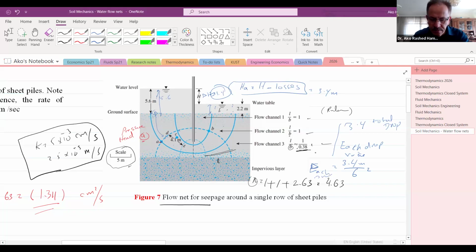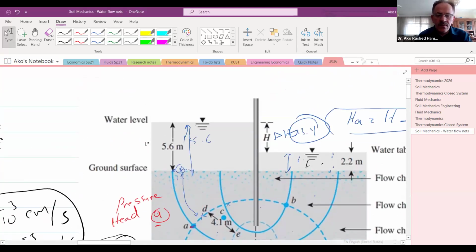Anybody help? It's 0.6. Means what? Means when we have a point like this here, let's say this point X, at X the head is how much? It is 5.6 meter, because it has water above it.